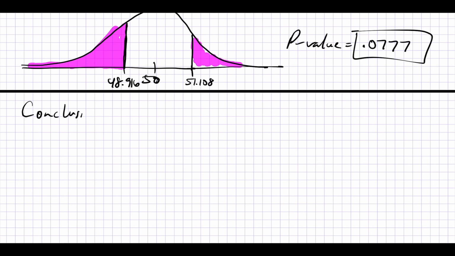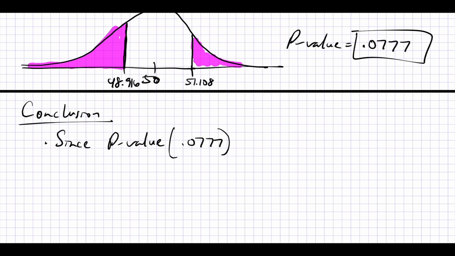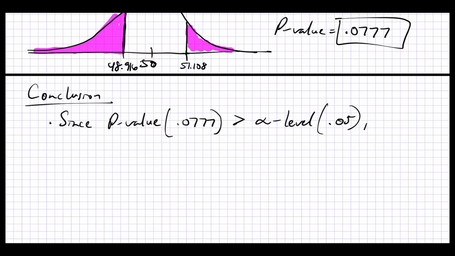So conclusion: since the p-value 0.0777 is greater than the alpha level, we fail to reject the null hypothesis.